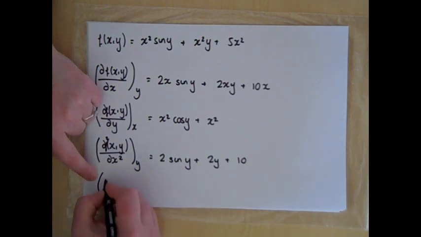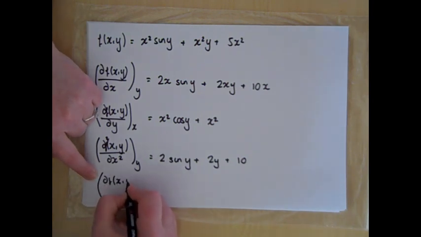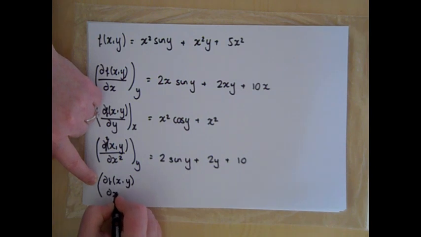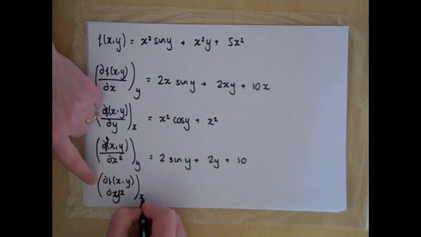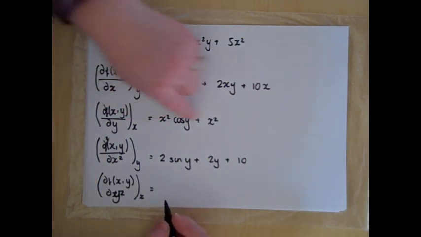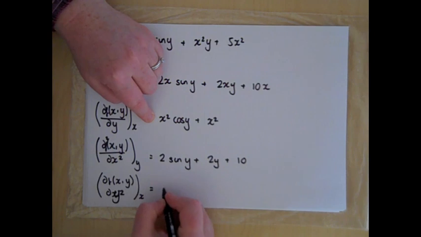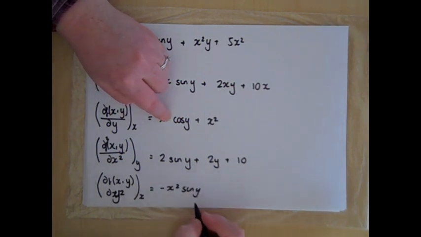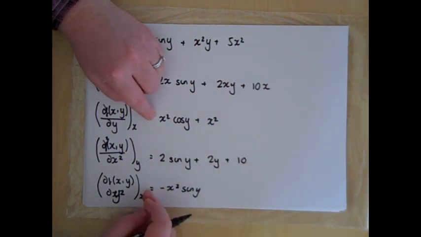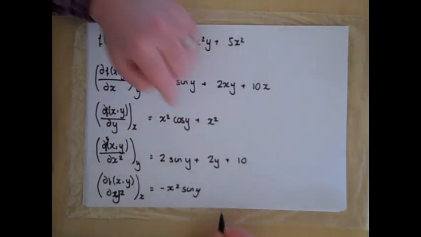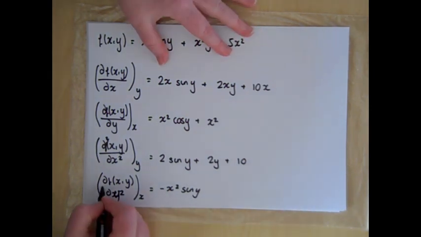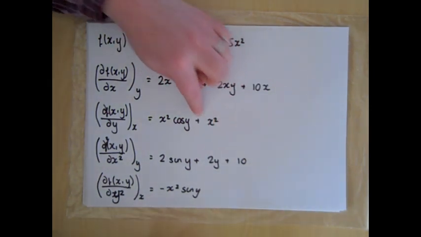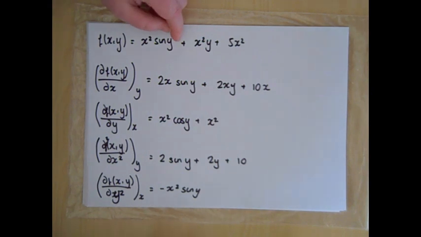And I can do the same thing for dy squared at constant x. So this is me differentiating this one again. So this just becomes minus x squared sine y. I've differentiated a cos, it's become minus sine. X squared is just a constant, and if x squared is just a constant, it disappears when I differentiate this term here. So I hope that's making a little bit more sense to you.